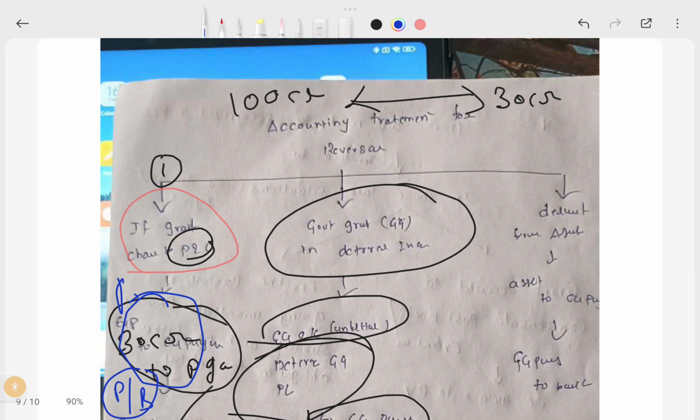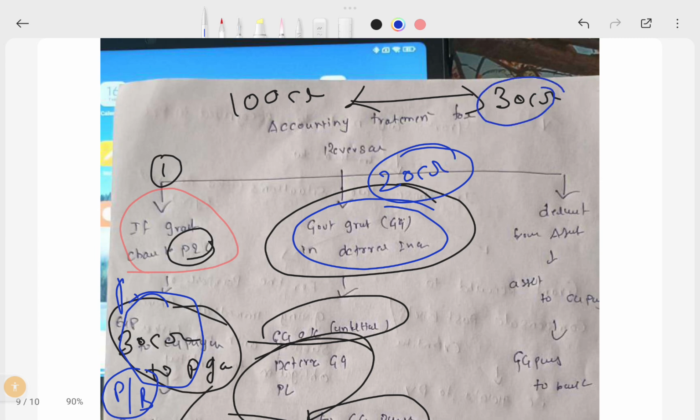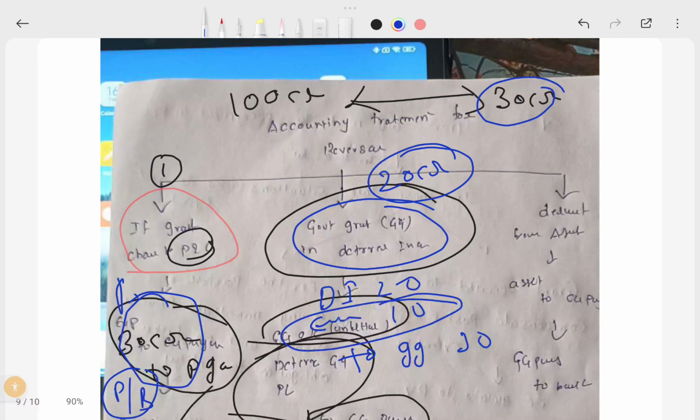But if earlier you treated it as deferred income, and on this date the deferred income of 20 crores is not yet amortized to P&L, then on repaying this 30, you first reverse the deferred income 20 crores. The balance 10 crores only is the expenditure in this case, because you deferred the income.